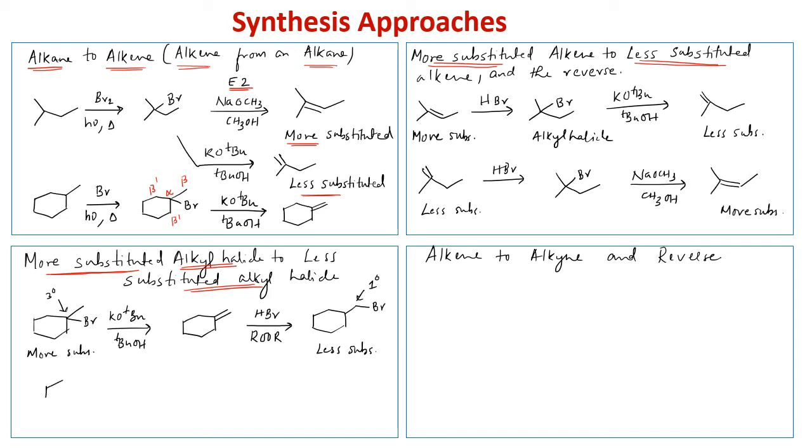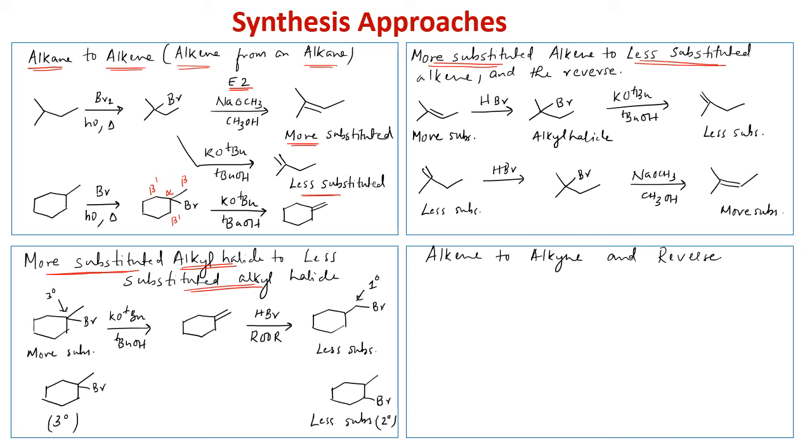Now there's another possibility here, and what you would notice throughout is that it's basically the choice of reagents that matters. By the choice of appropriate reagents, you can convert a starting material into the product that you want. Okay, so now look at this example where we have an alkyl halide which is tertiary, and our product is again less substituted, because it's only a secondary alkyl halide.